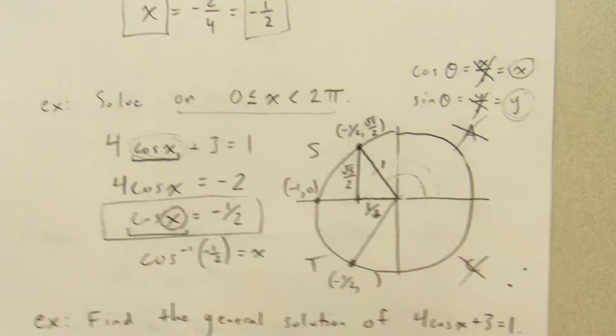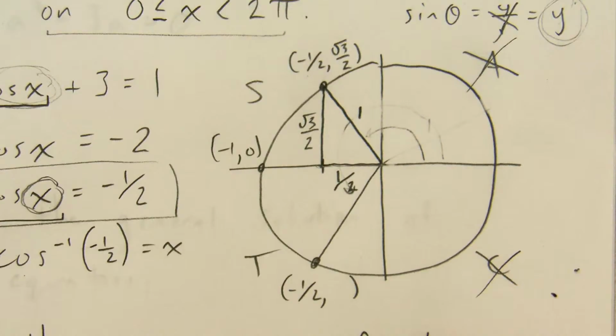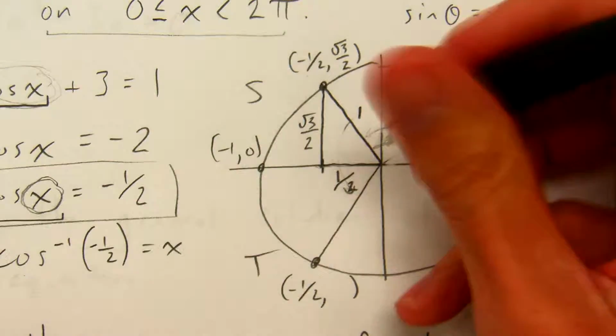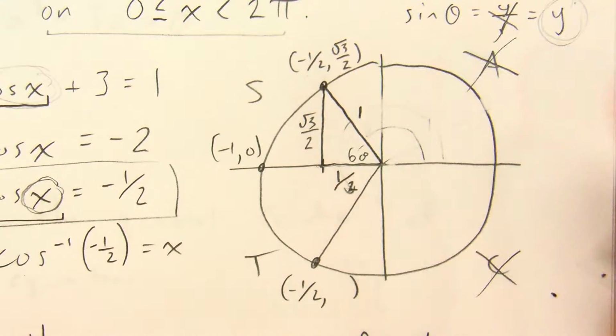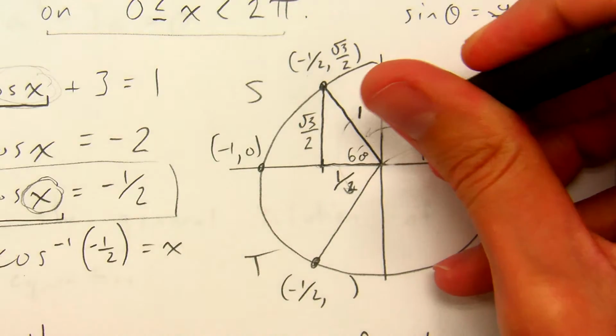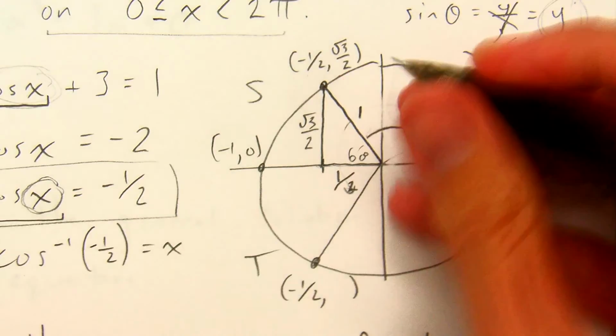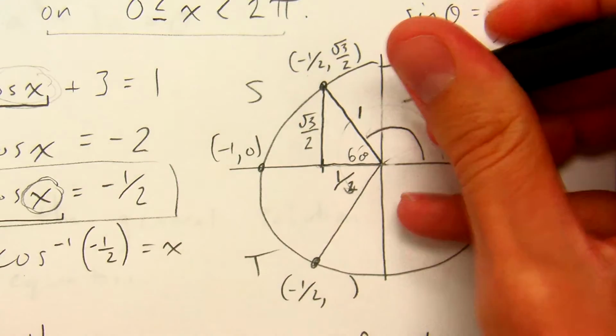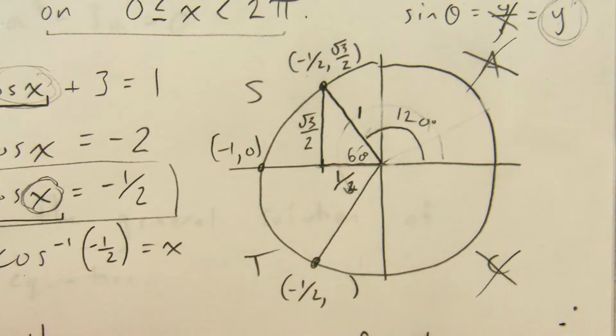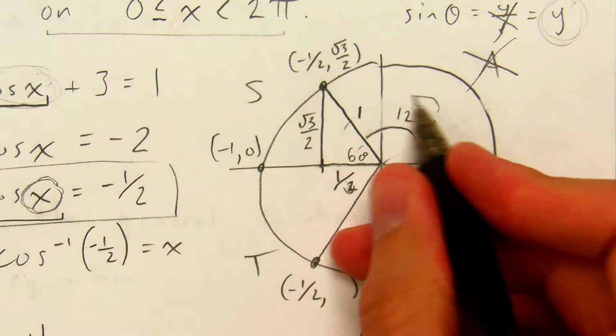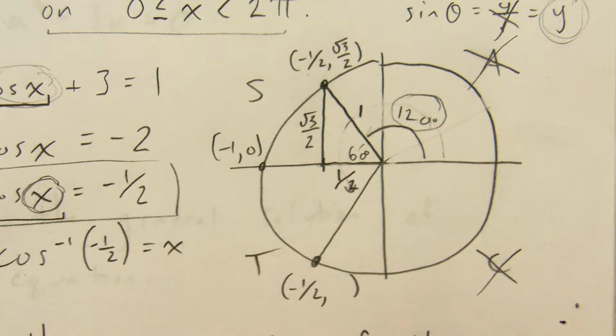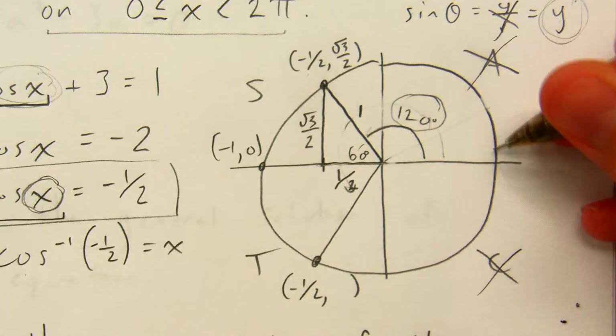Let me zoom in a little bit here. So what angle is this? This is a 60-degree angle, which means this is 90 degrees plus 30 degrees. This is 120 degrees. Now, when we're solving trig equations, all of our answers will be in radians. It's okay if you convert 120 to radians, but at this point it's also going to be helpful if you can start thinking in radians.